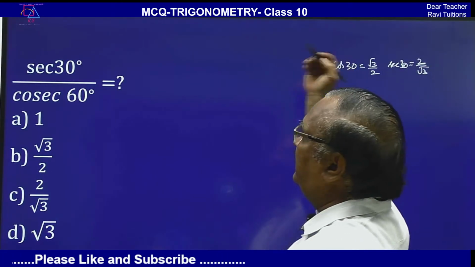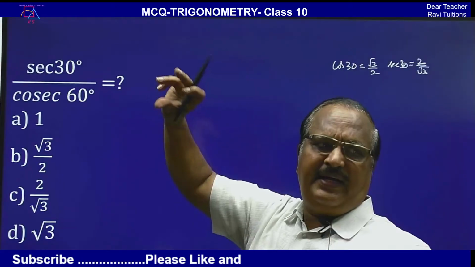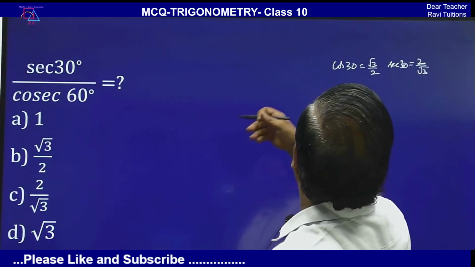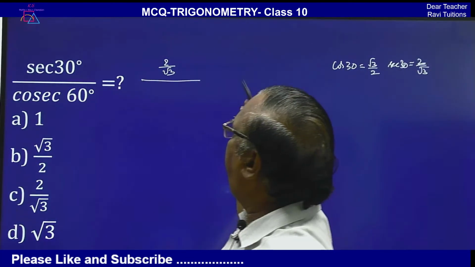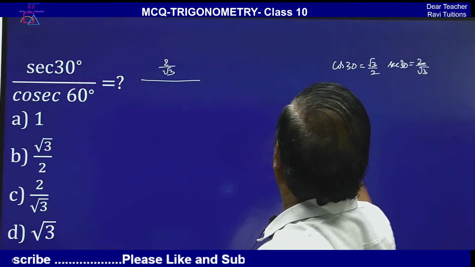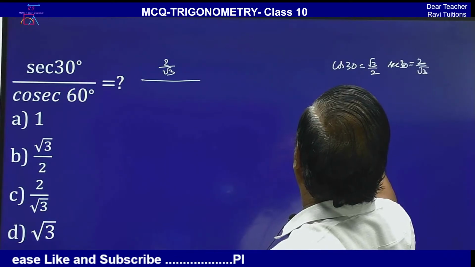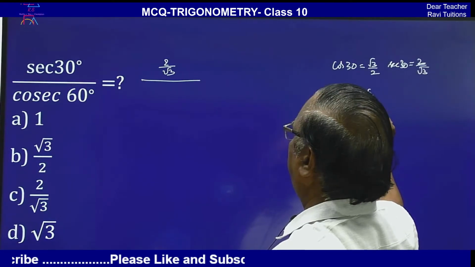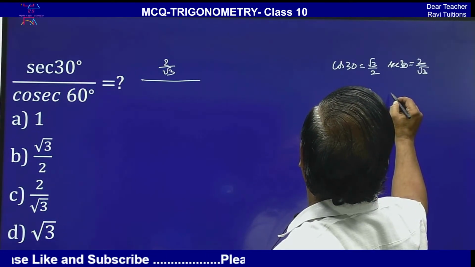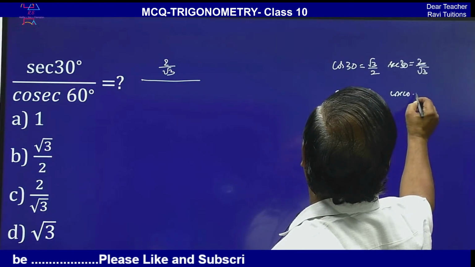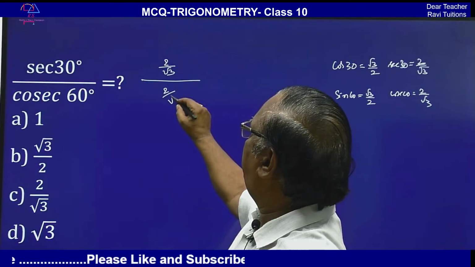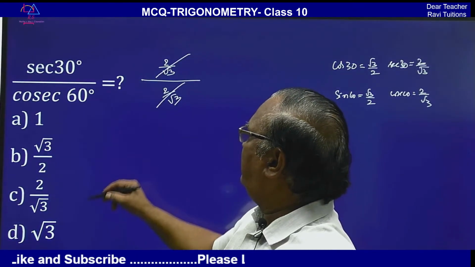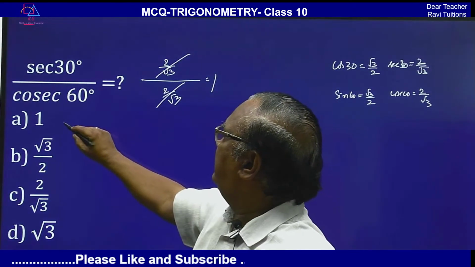That means if you learn sine and cos, you can take the reciprocals for the others. So this is 2 by root 3, divided by cosecant 60. Sine 60 is equal to root 3 by 2, therefore cosecant 60 is equal to 2 by root 3. So here also 2 by root 3. Both are the same, so 1 is the answer.